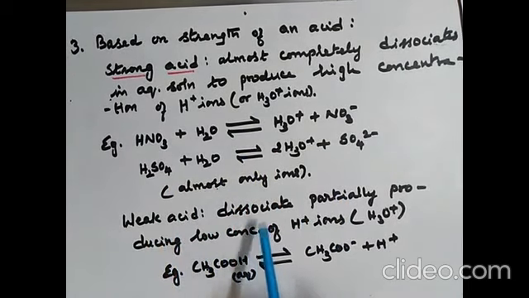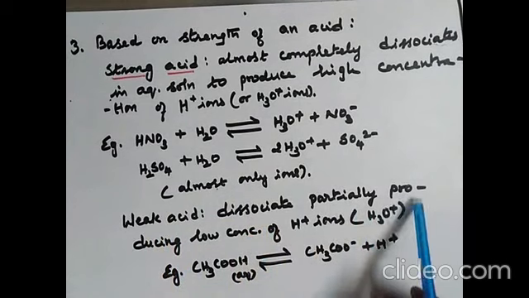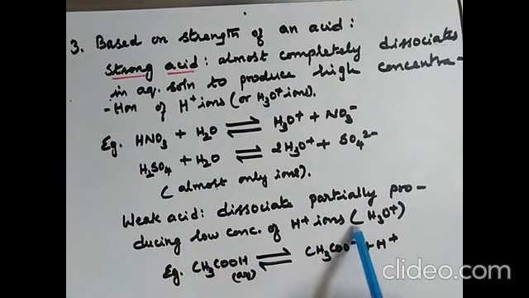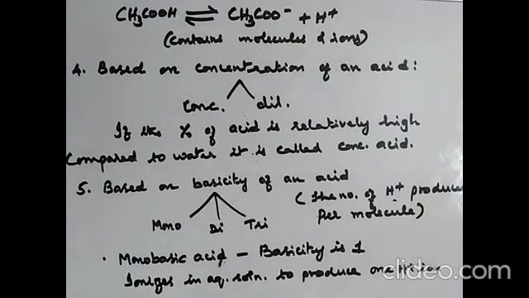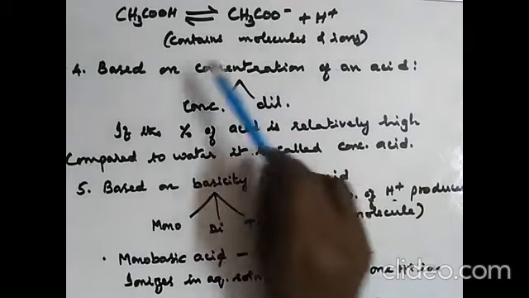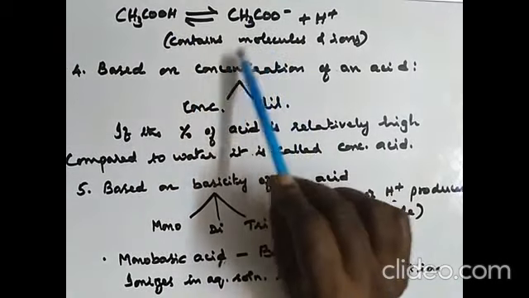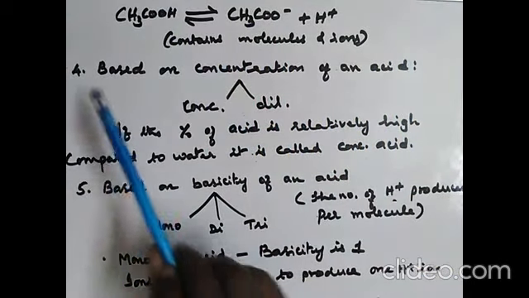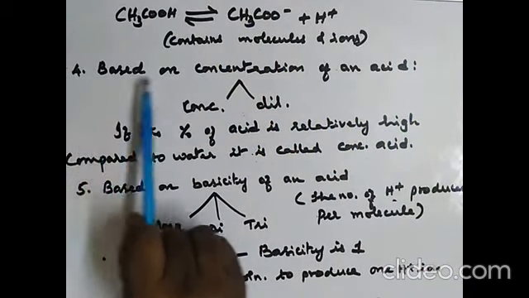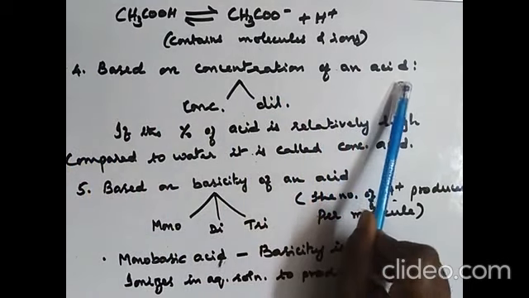Weak acids dissociate partially, producing a low concentration of H+ ion or hydronium ion. Example, acetic acid, CH3COOH, in aqueous solution produces acetate and H+ ion. Acetic acid, being a weak acid, contains molecules and ions in its solution. The next classification is based on concentration of an acid.